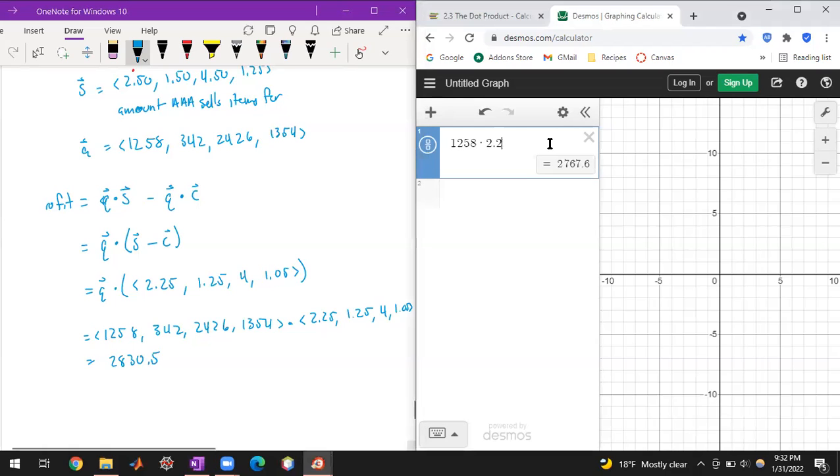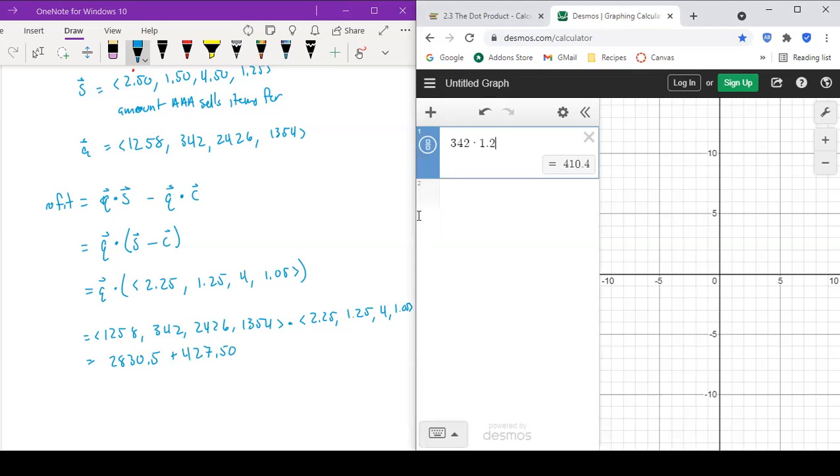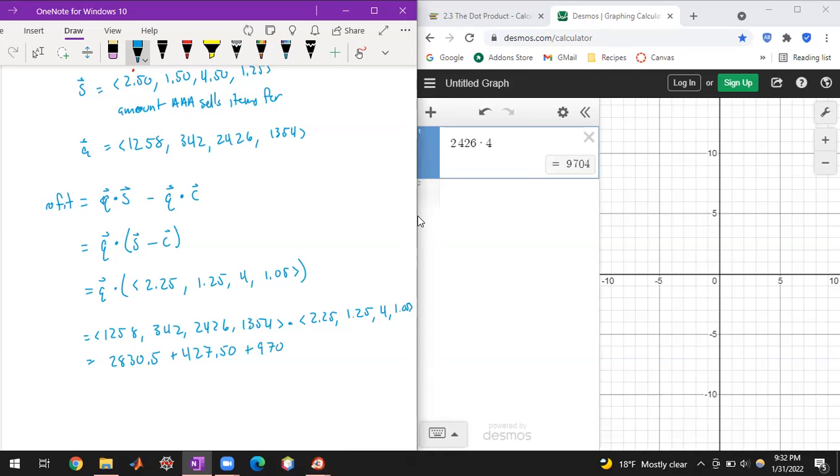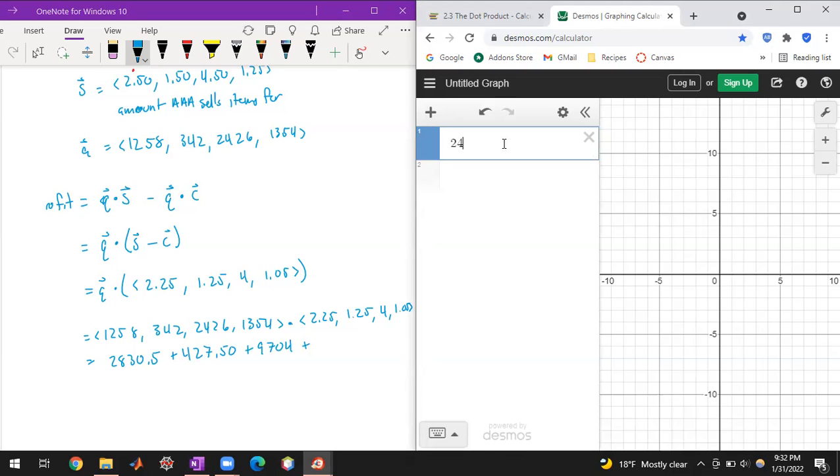For our second item, we have the 342 times the 1.25 we've made on those. For our third item, we sold 2,426 for a profit of $4 each. And then finally for our food items, we've sold 1354 and we've made $1.05 on each of those.